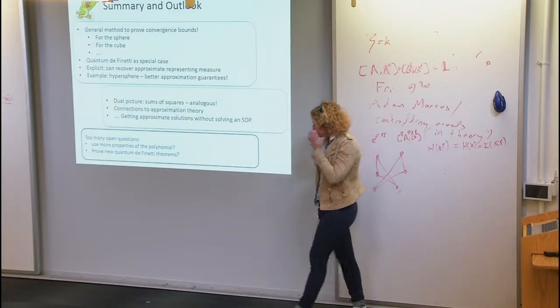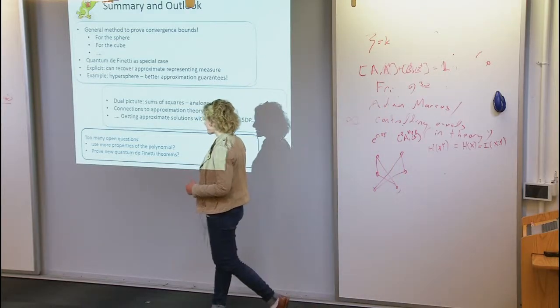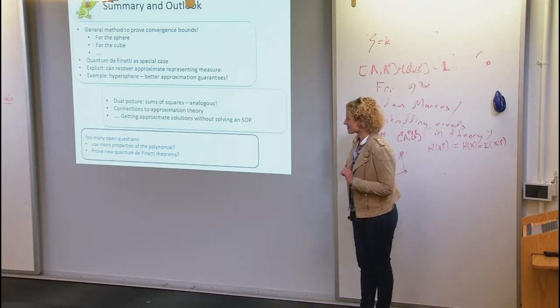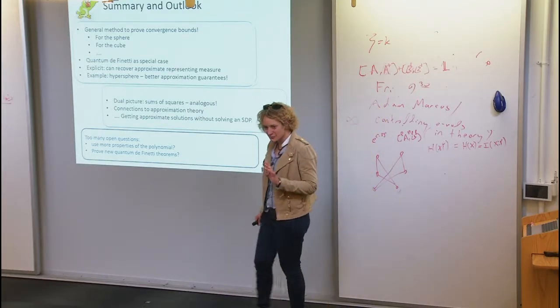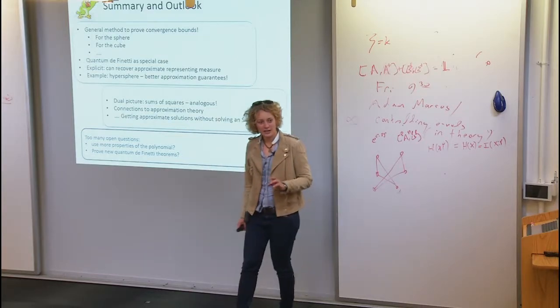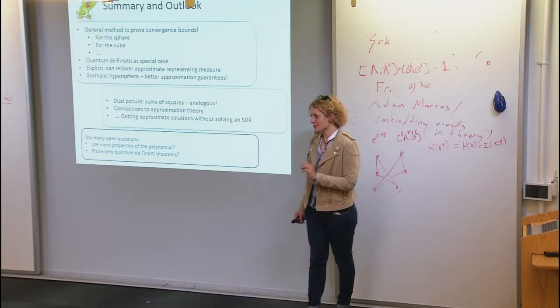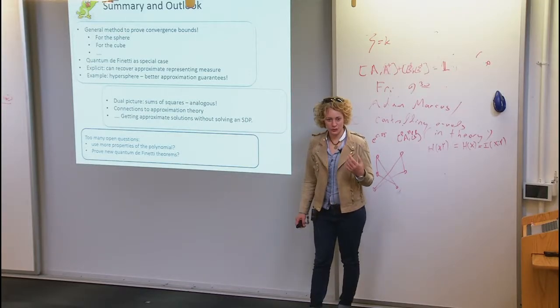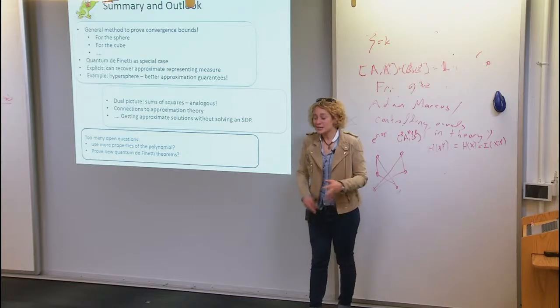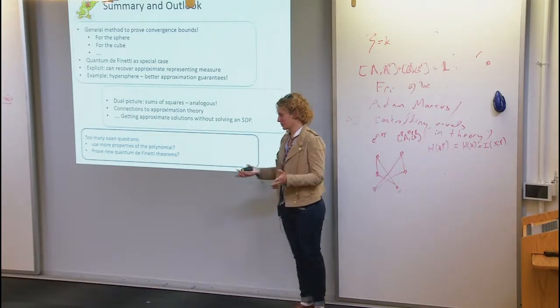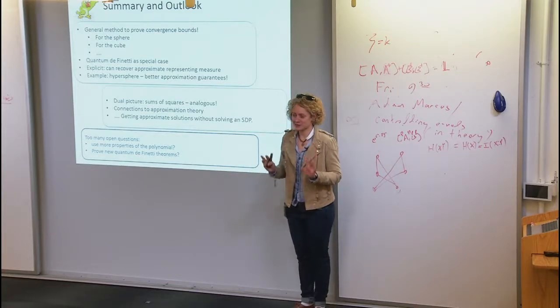There are maybe a bit too many open questions, so let me just highlight the ones which I think are most interesting. The first one is, like I said already, that in this general theorem we have overshot our goal. We have constructed an approximation that was close to the SDP solution, evaluated on any polynomial of that degree. But of course, we don't want to evaluate it for any polynomial of that degree, because we only want to optimize one specific one.